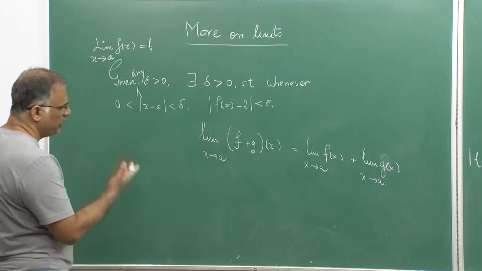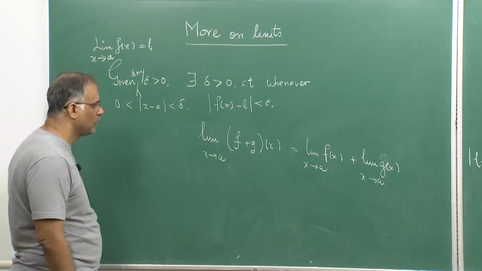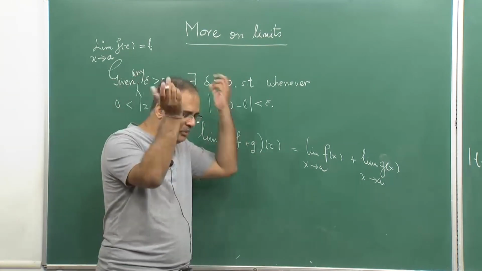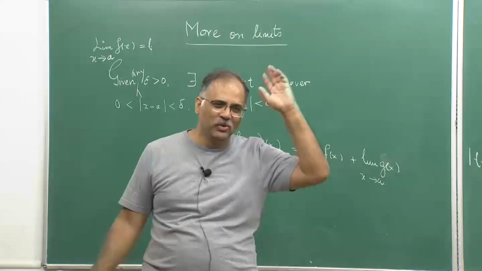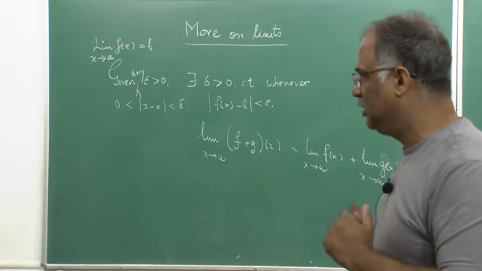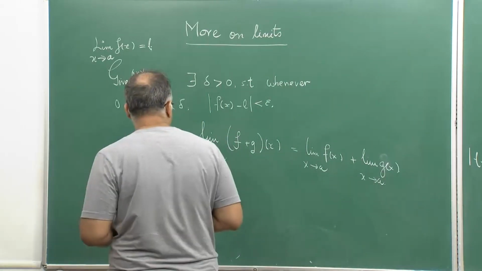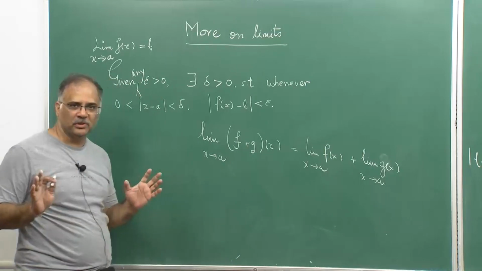So what do you mean by this? What's happening? First of all, I say, limit of the sum is sum of the limits. We know this from our high secondary days, we have been doing all these things. But for a mathematician, such an answer is not acceptable.